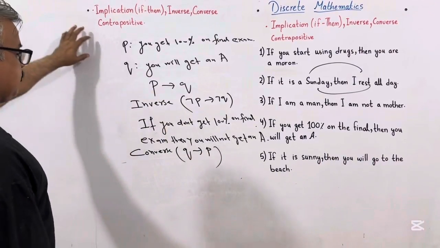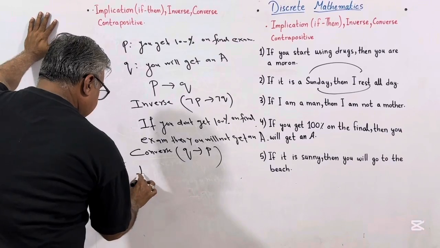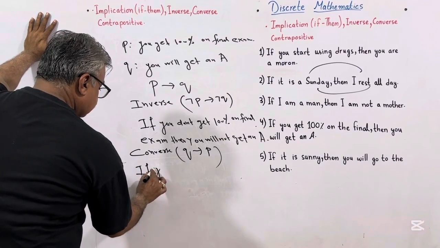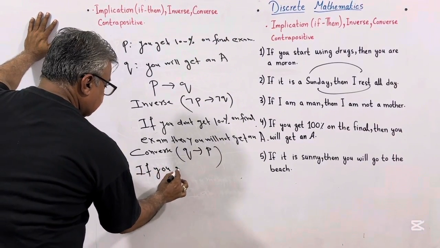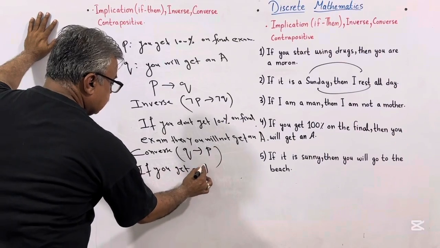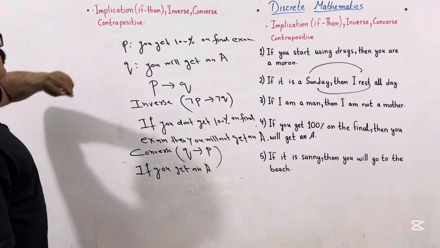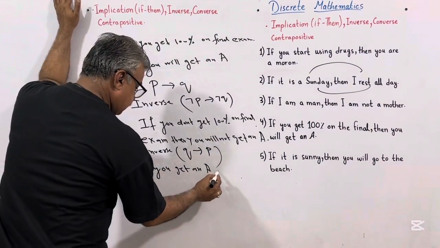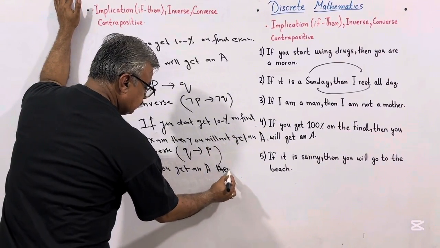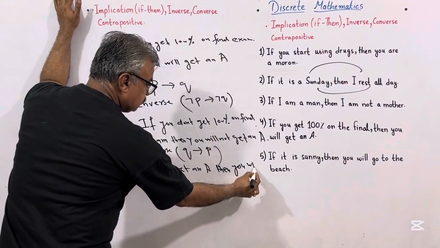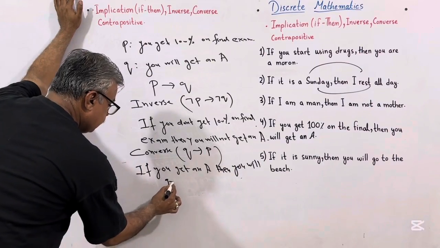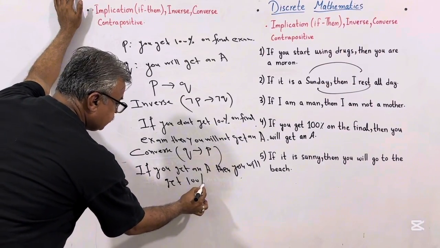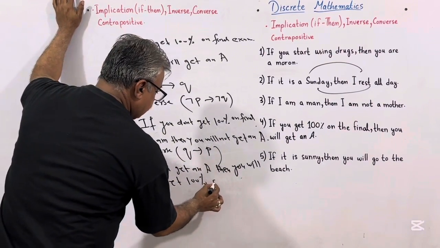Change the conditions. Now, if you get an A, then you will get 100% on final exam.